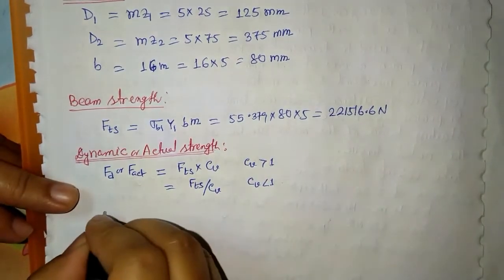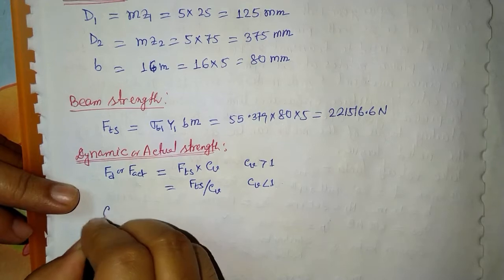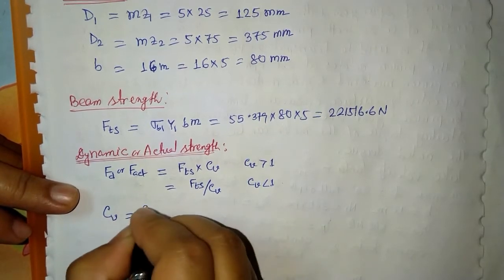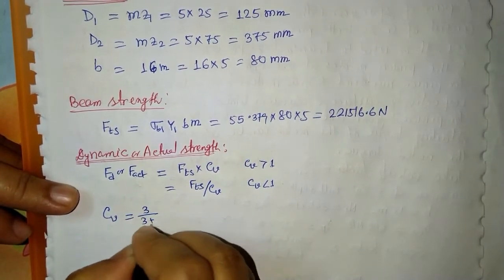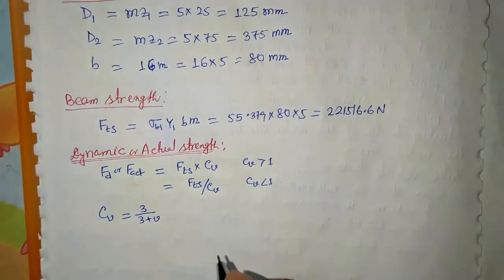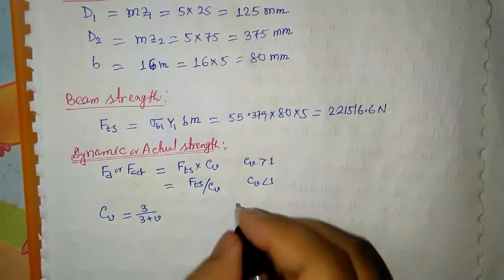Okay, so let's find cv. So cv value, velocity factor is given as 3 by 3 plus v. Okay, so we need to find the v.